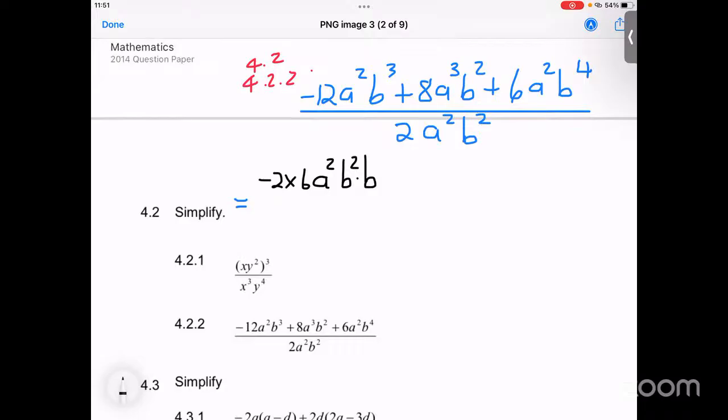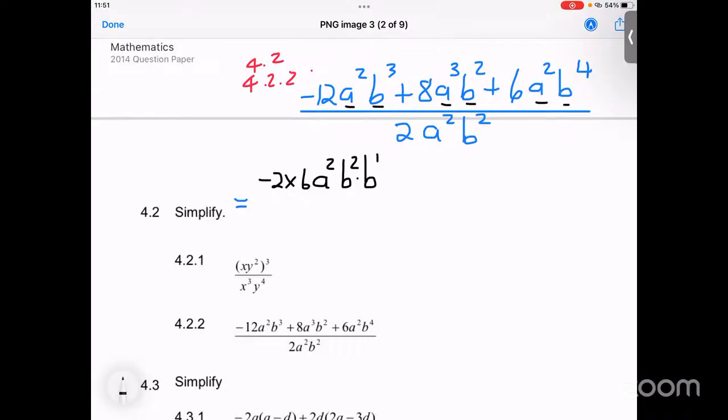The reason why I'm doing it this way is because I'm already noticing that I can take out a squared here, a squared there, a squared there. It is common. And in terms of the b, I can only take a maximum of 2. So b squared, b squared, b squared. That is why I'm separating the b's instead of writing it as b to the 3.